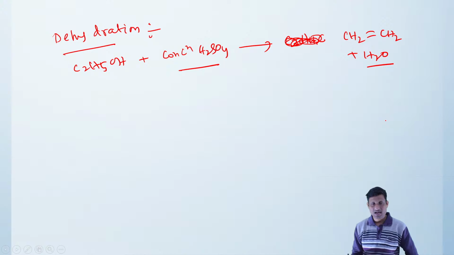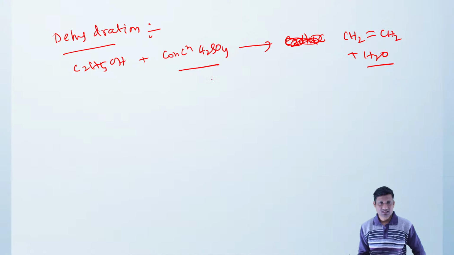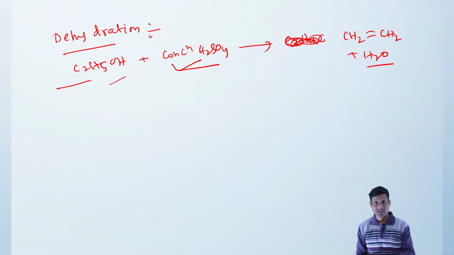So ethene and the water. Okay, so this is because of the dehydration. So basically concentrated H2SO4 having strong affinity for water, so the water molecule will come out from this alcohol, and you will have the corresponding alkene.